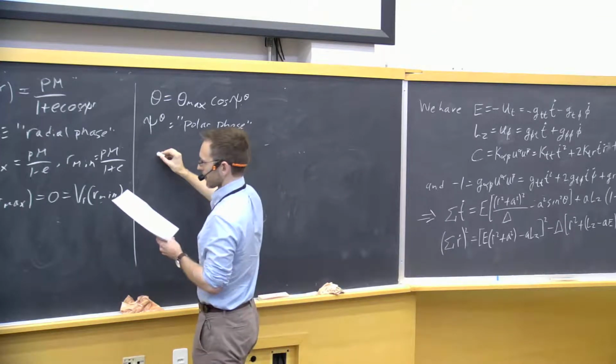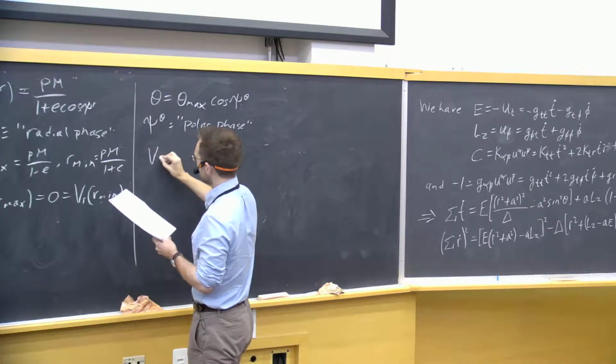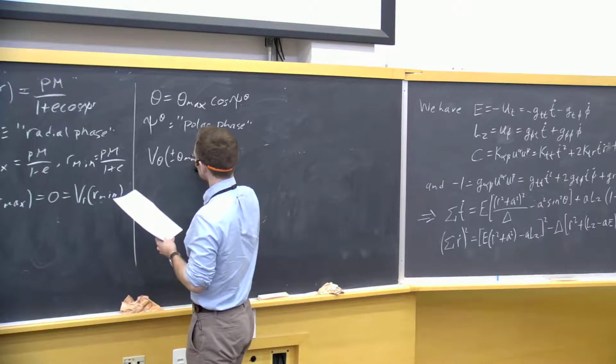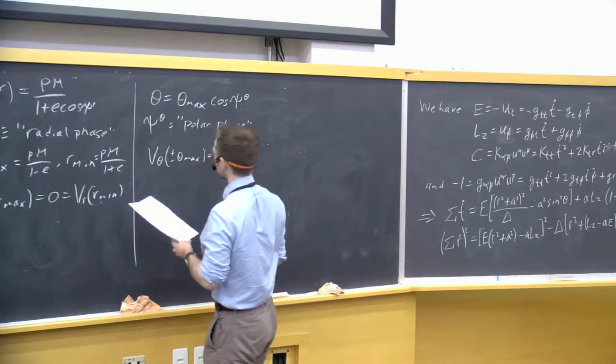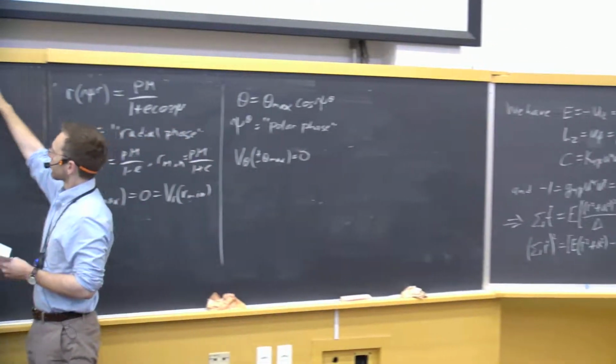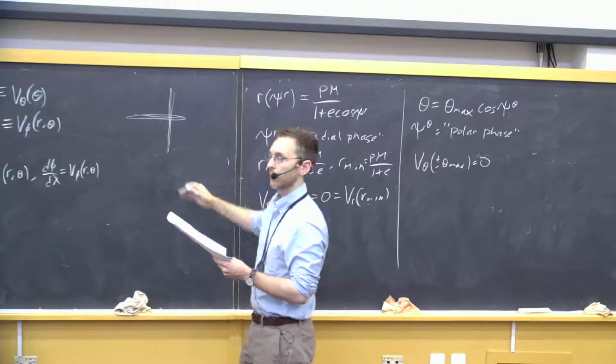And theta max satisfies V of theta plus or minus theta max is 0. So it oscillates from plus theta max up here to minus theta max down there.